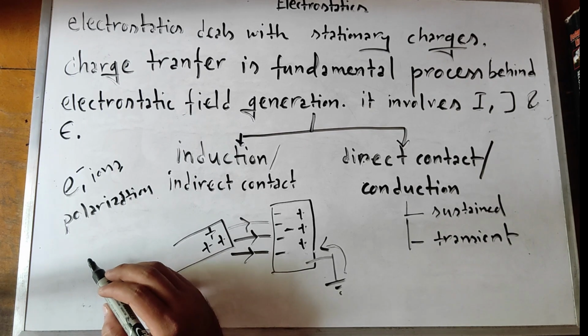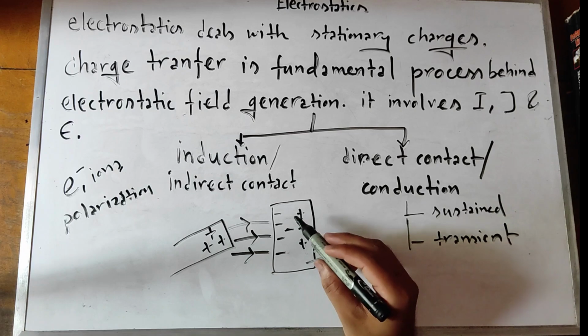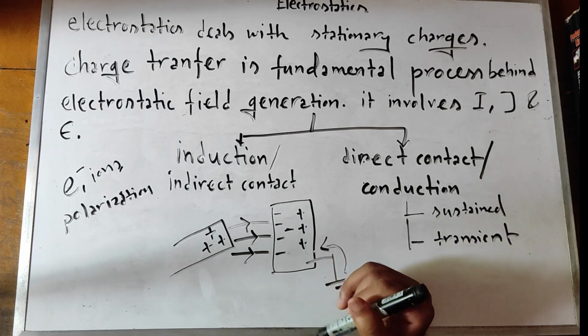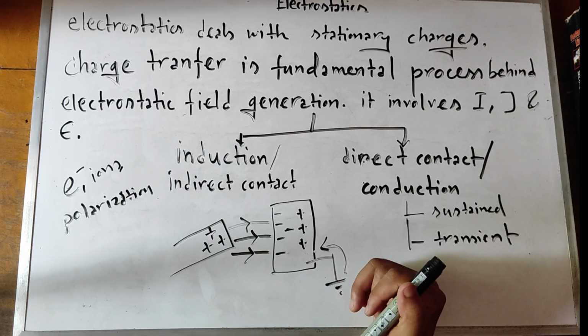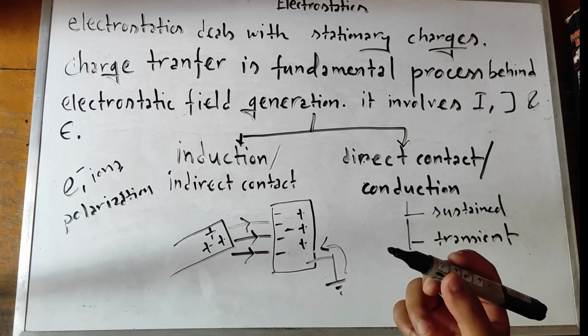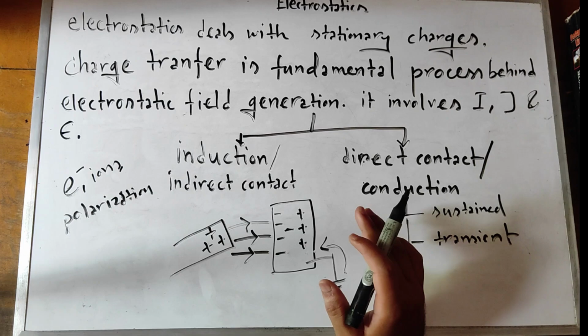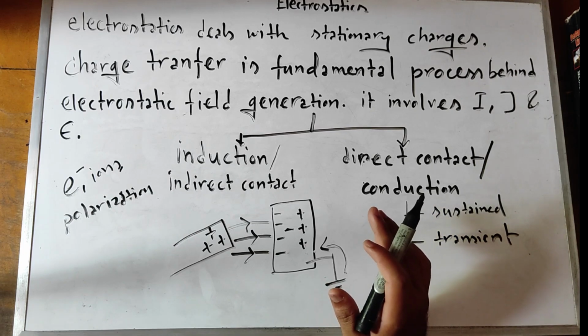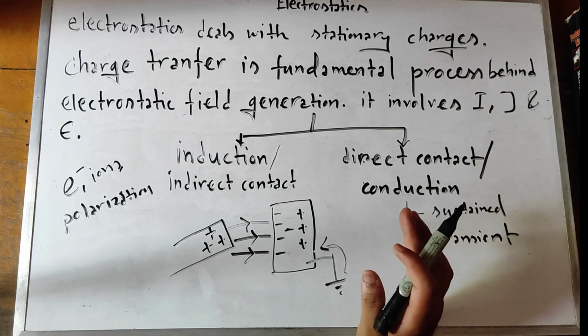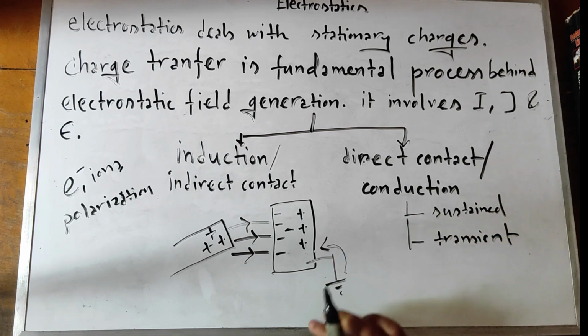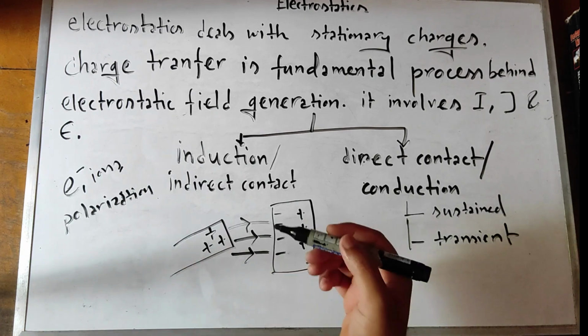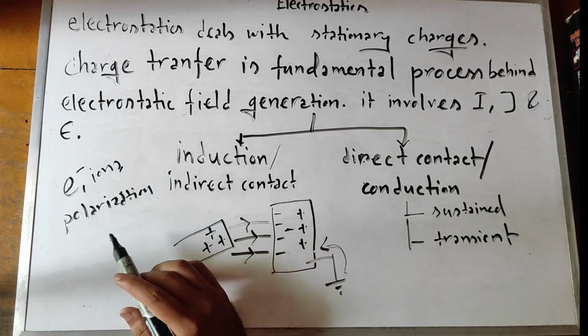When the body is polarized, it doesn't have a net charge, but it's polarized. When the body is charged, it's permanent, it does have net charge. It's not neutral anymore.